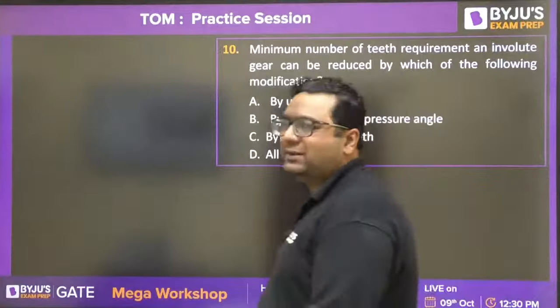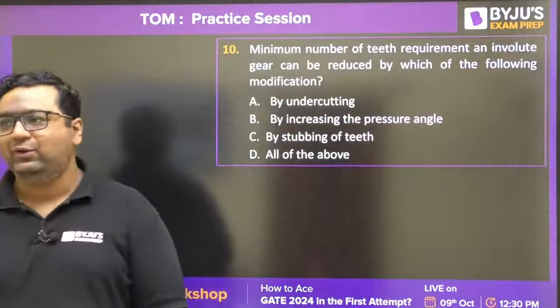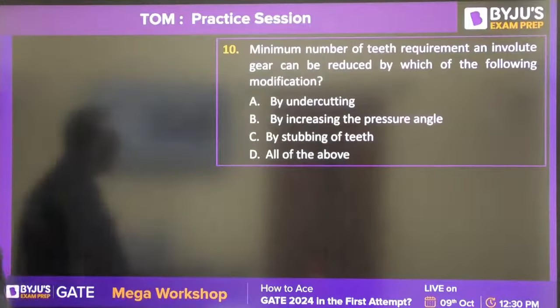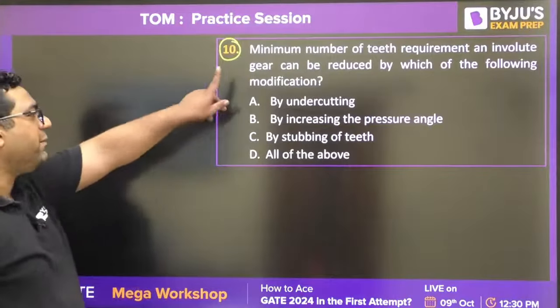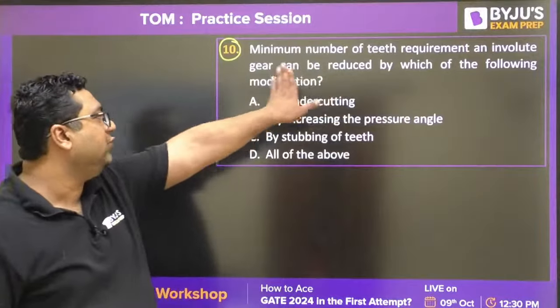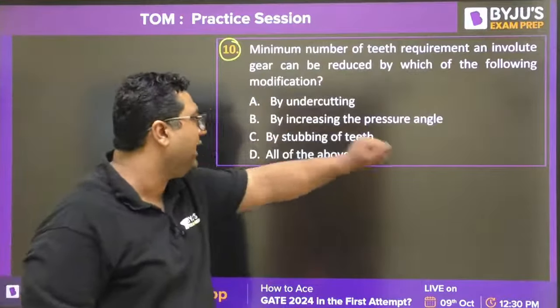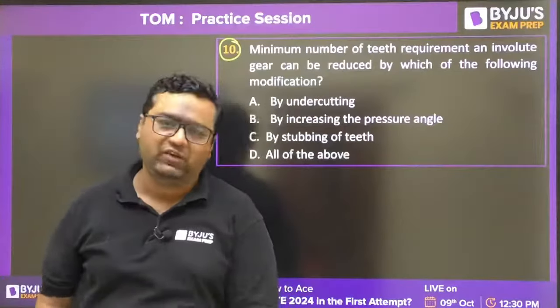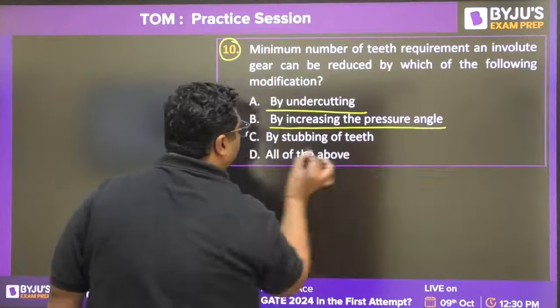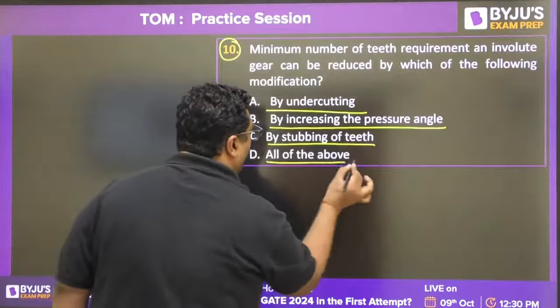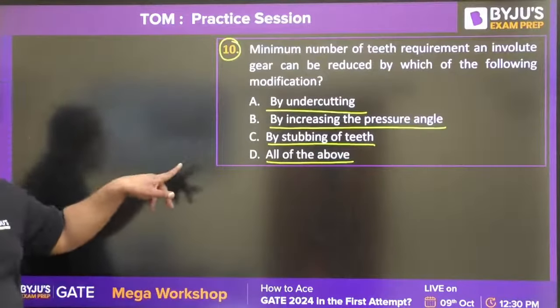Moving to question number 10 now. Minimum number of teeth required in an involute gear can be reduced by which of the following modifications? By undercutting, by increasing the pressure angle, by stubbing of teeth, or all of the above. सोच समझ के आंसर करिए.